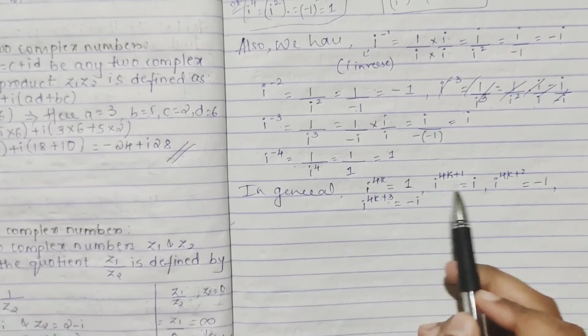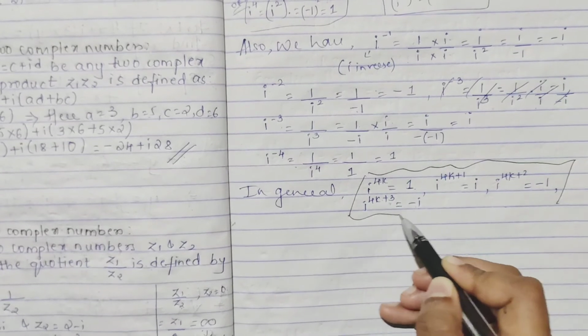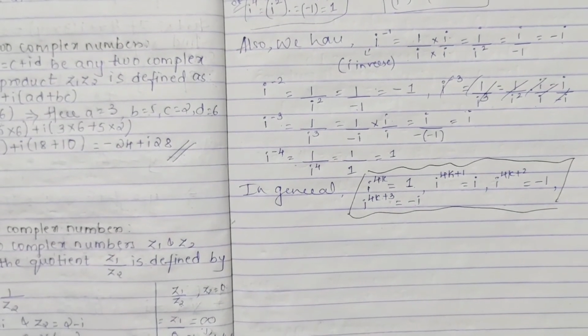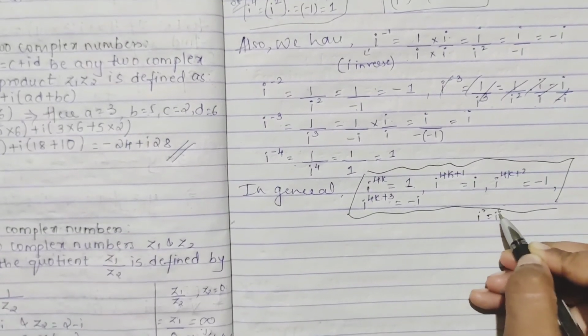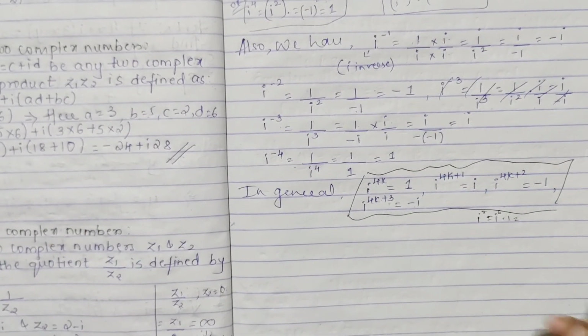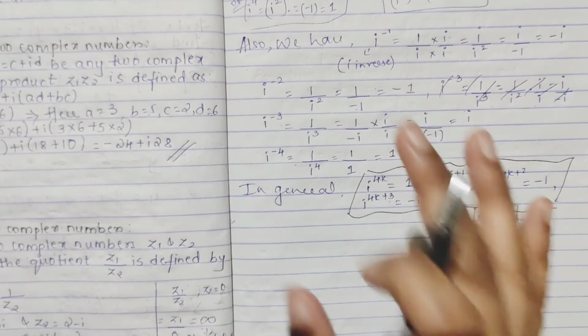So like this in general you can take it. If you can't remember this, I have already shown how you can split it. If it is i raised to 7, you can do i raised to 6 into i, find it out, finish, simple. You can do it like that also.